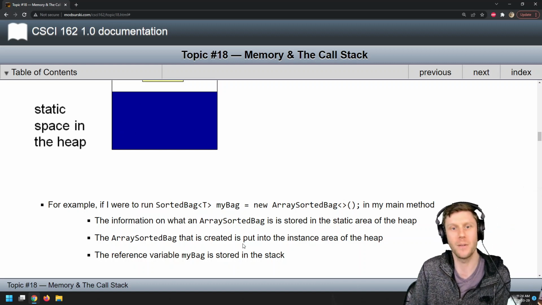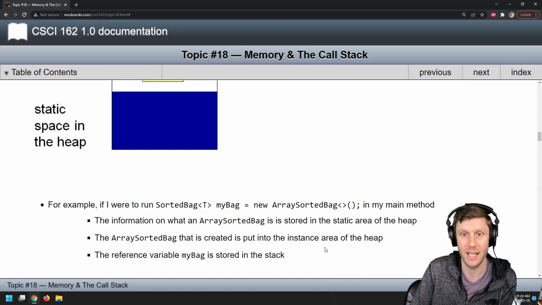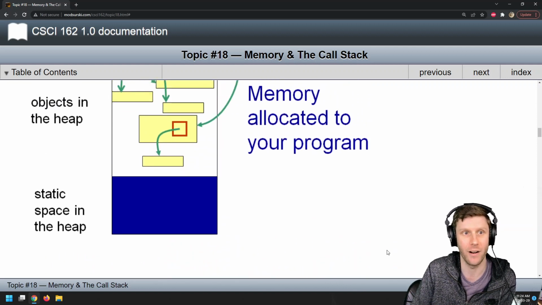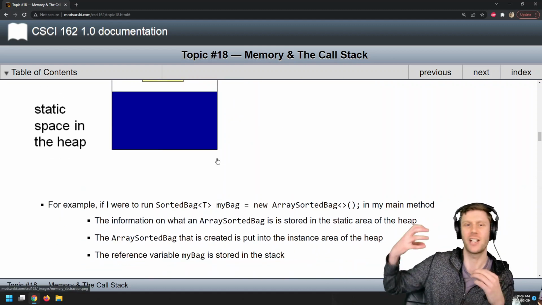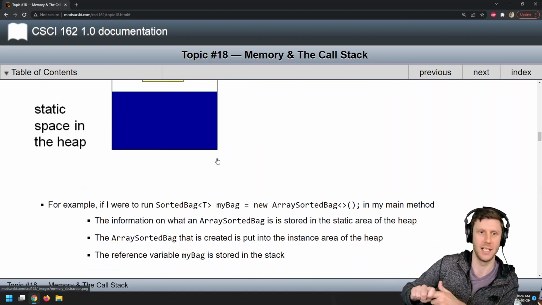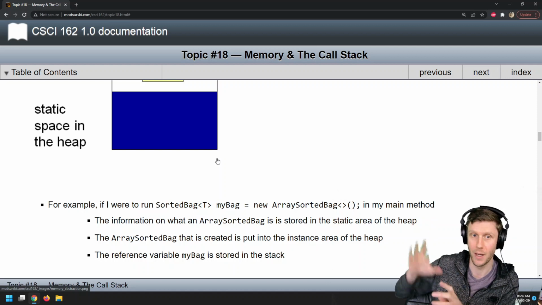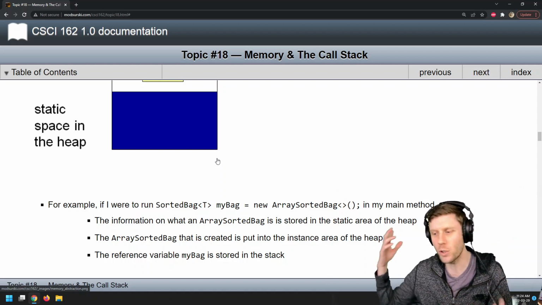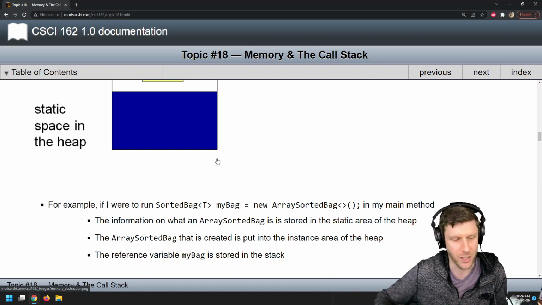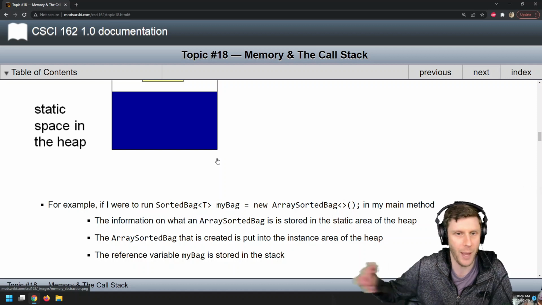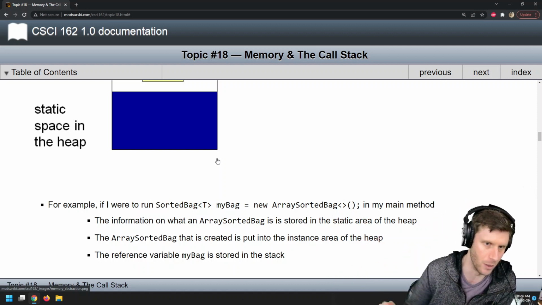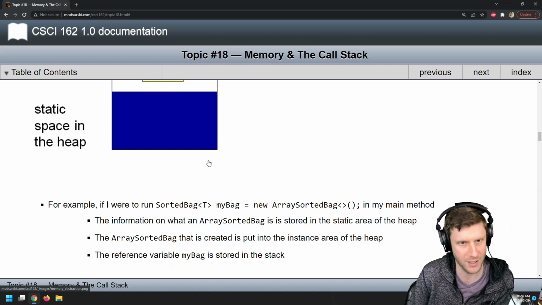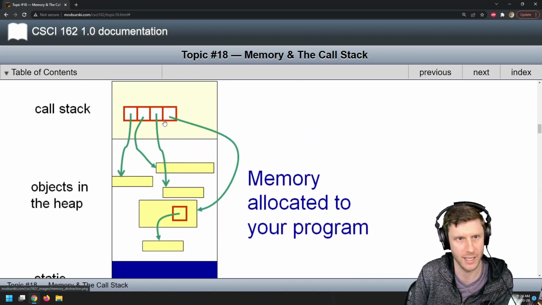The array sorted bag that is created is put into the instance area of the heap right here. So the actual bag object is stored in the heap. But if you're in your main method, you're going to be making use of your bag for whatever reason, so the reference variable to the array sorted bag is stored in the stack.